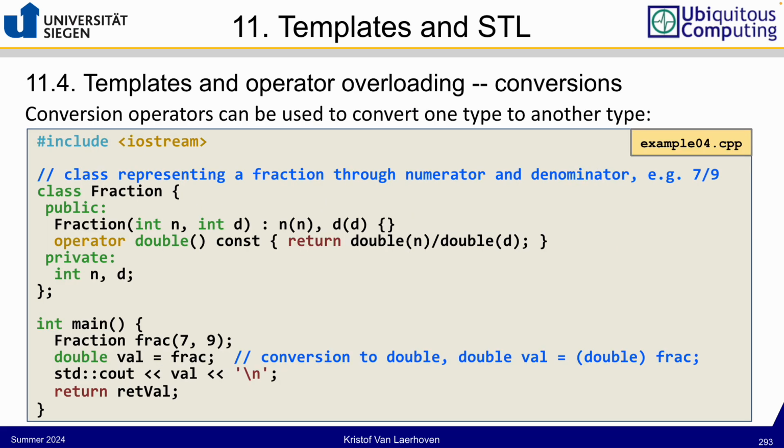Okay, then we can also have conversion as an operation, because it is, in a way, an operation. And that is also interesting to note, so therefore I'm going to also show that. So we have our class fraction, which represents a fraction in the two components, right? At the top, the numerator, at the bottom, the denominator, as you would write. So the 7 and the 9 in that case.